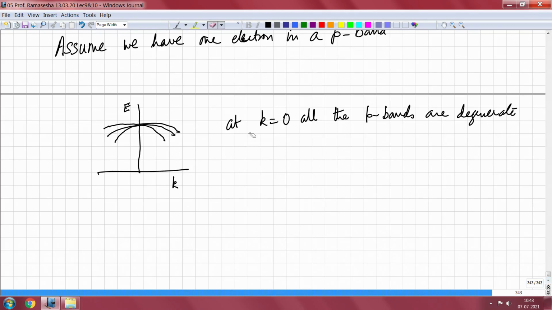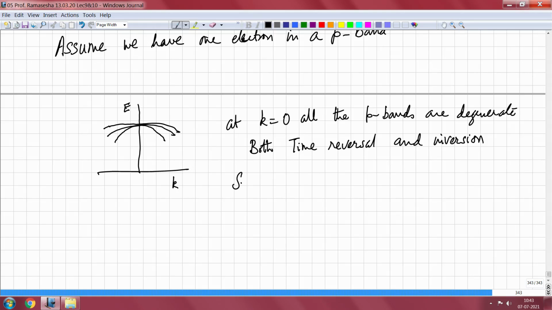This is the case where I have both time reversal and inversion. Now let me think of a spin orbit interaction.